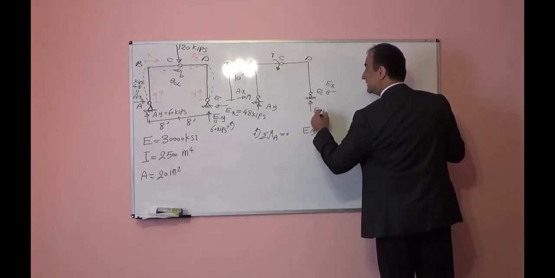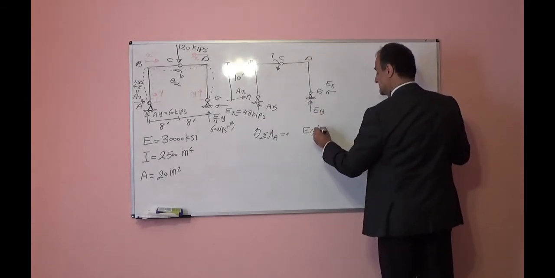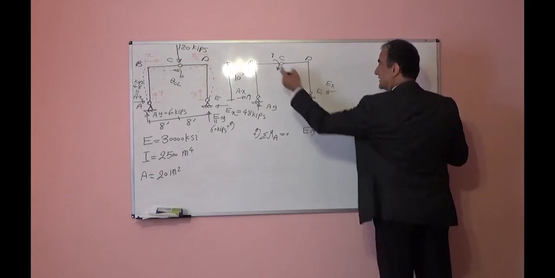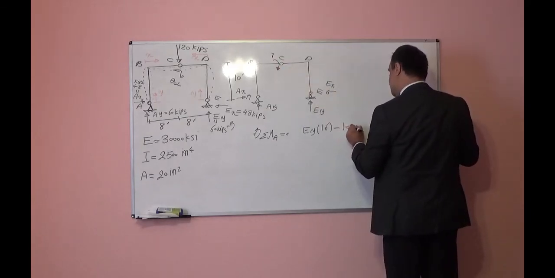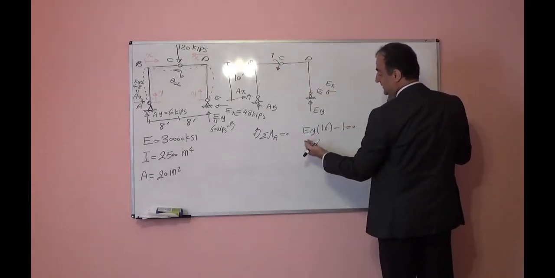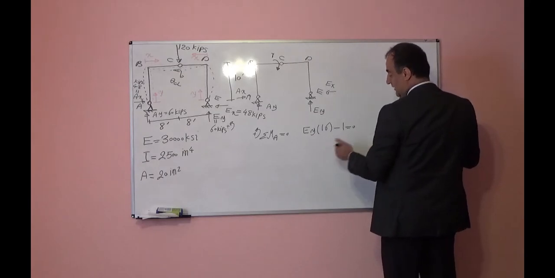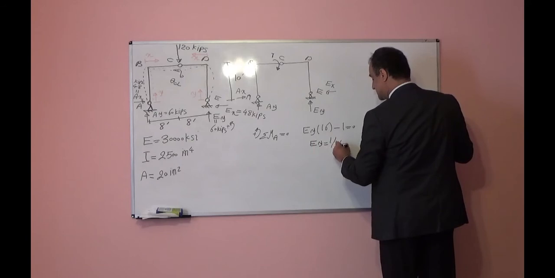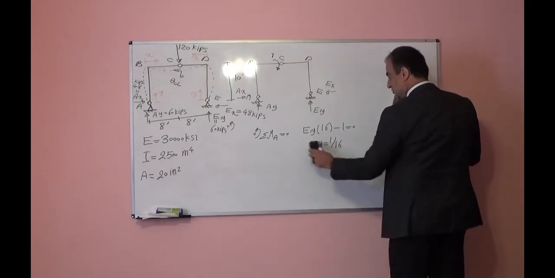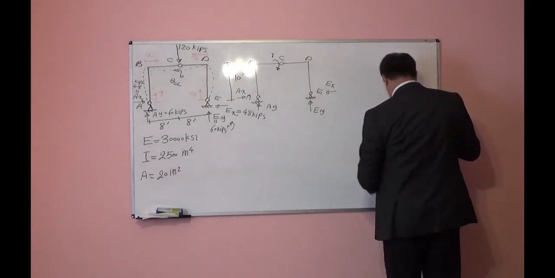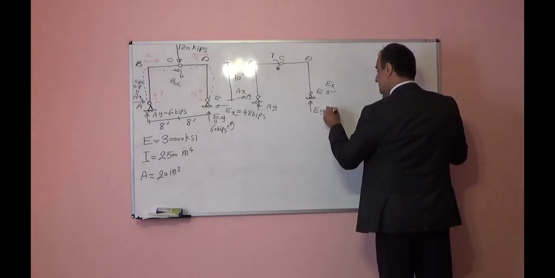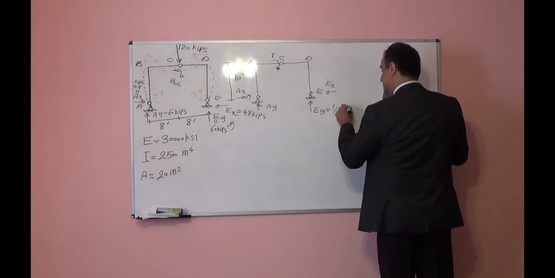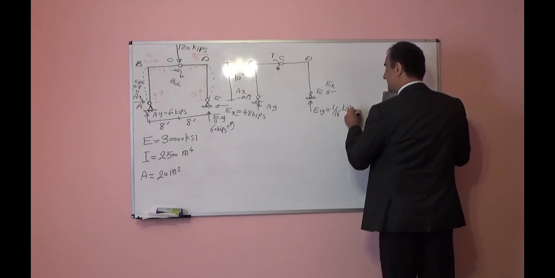Ey times 16 minus 1 is equal to 0. From here, Ey will be equal to 1 over 16 kips. So I can write Ey is equal to 1 over 16 kips.